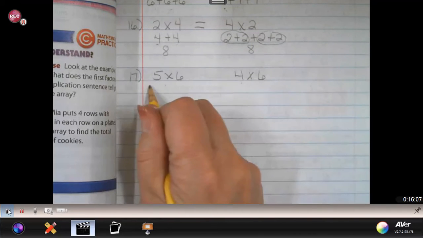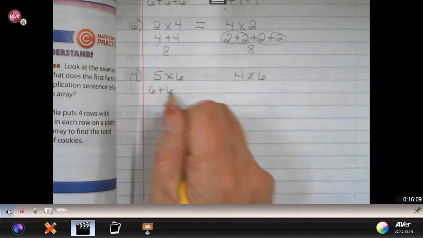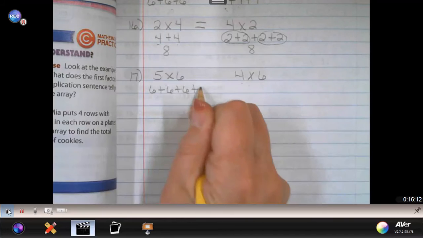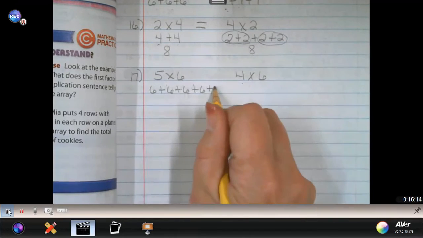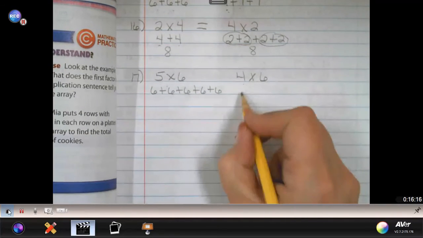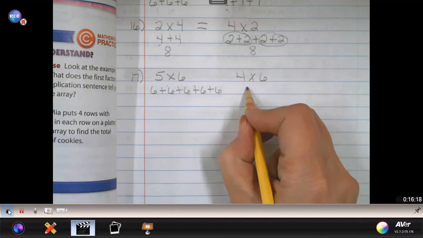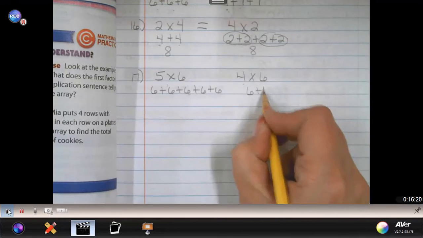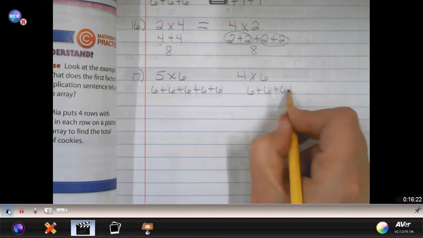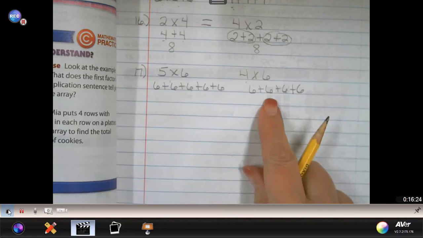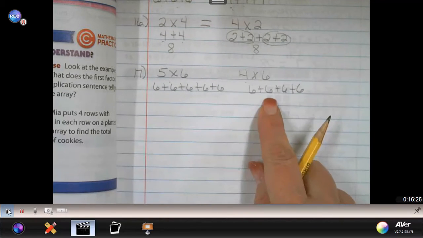So this would be 6 plus 6 plus 6 plus 6 plus 6, whereas with 4 groups of 6, I'd add 6 plus 6 plus 6 plus 6. Here I have one less group of 6 to add.